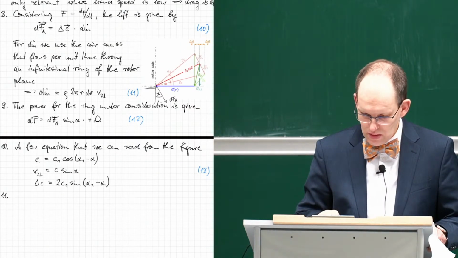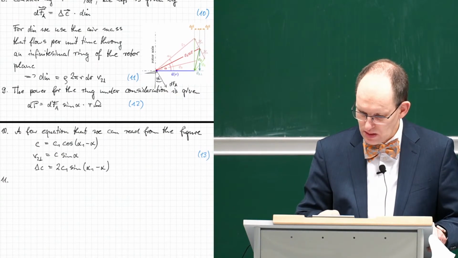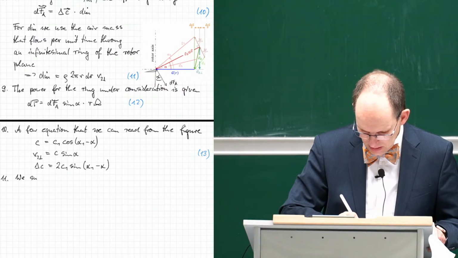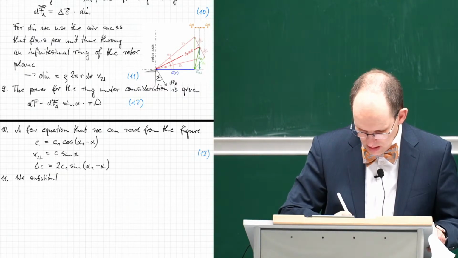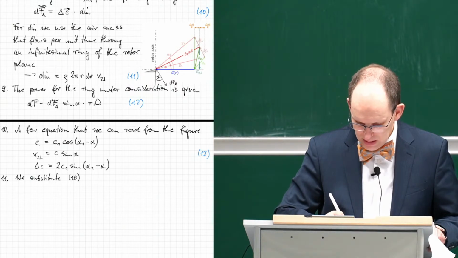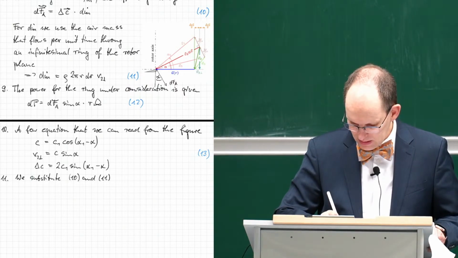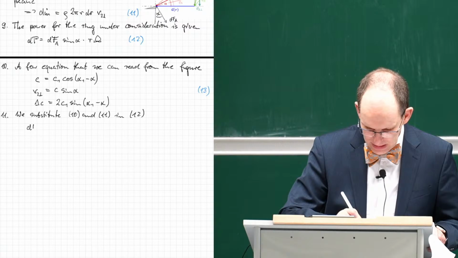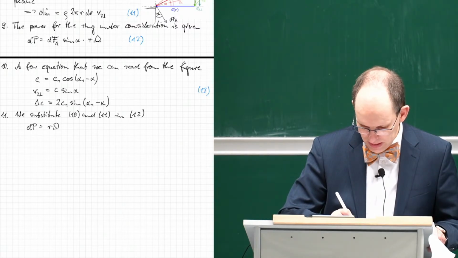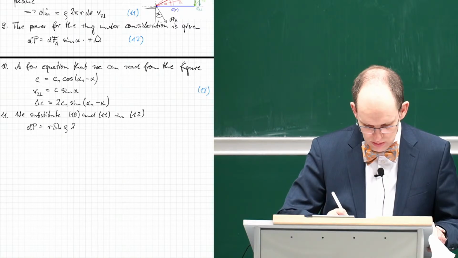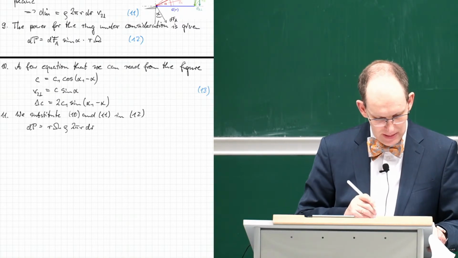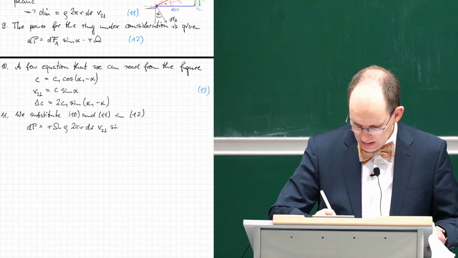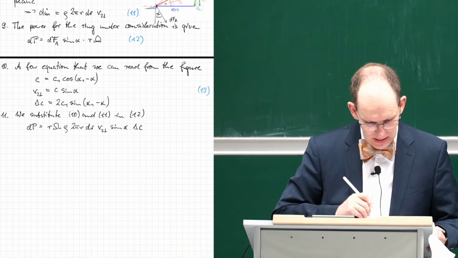So we substitute 10 and 11 in 12. And what we then get is dP equals R times omega times rho times 2 pi r dr, then V2 perpendicular, sinus of alpha times delta C.